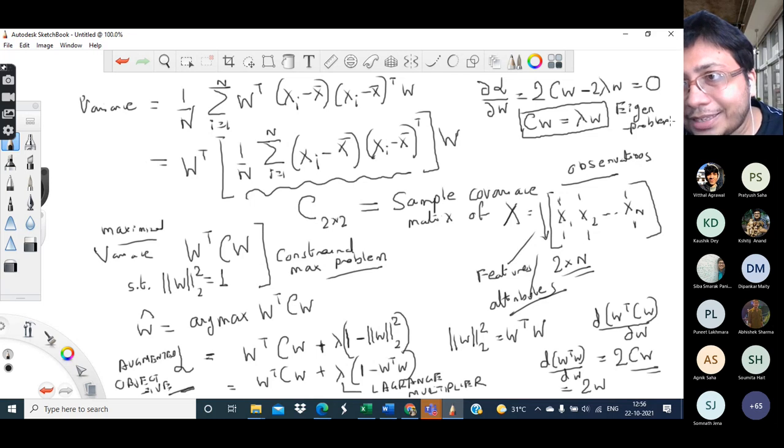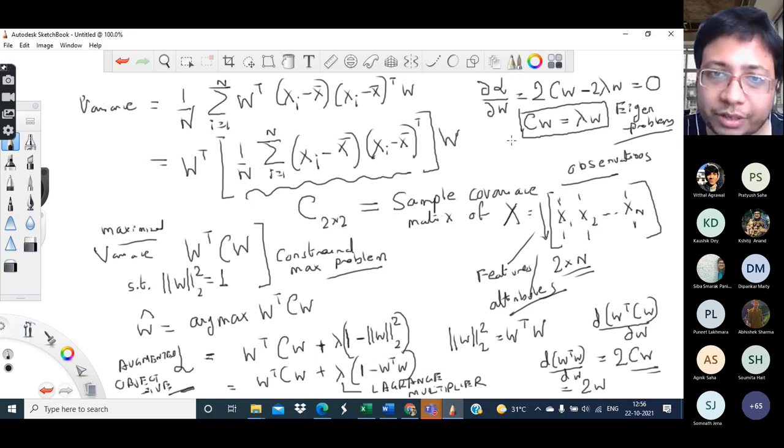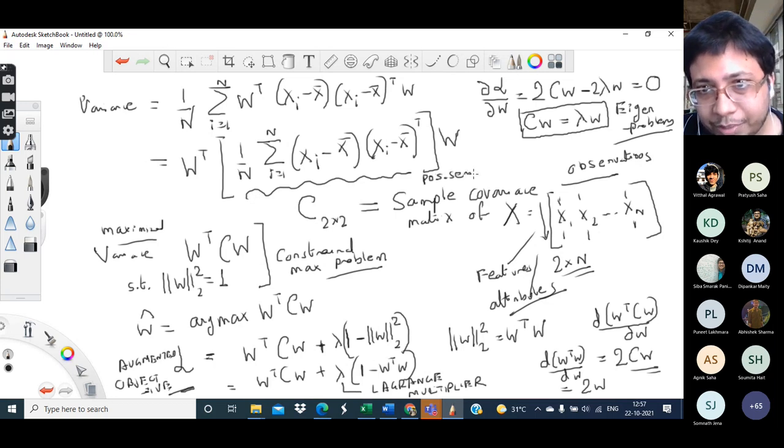But then again, first of all, when we are talking about eigenvalues and eigenvectors, you need to ask yourself: does C have eigenvalues and eigenvectors? I mean, not all matrices can be eigen decomposed, right? So C is defined in this way. Now, can C be eigen decomposed? We will understand later that yes, if C is defined in this way, then it is necessarily what they call positive semi-definite.